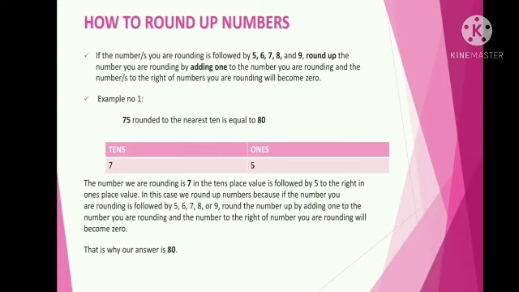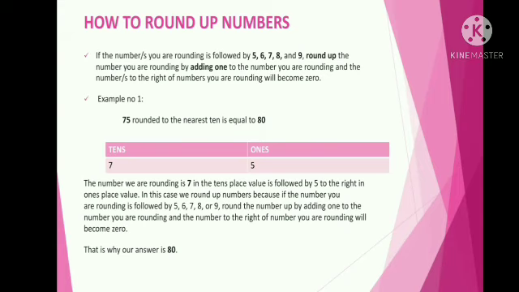It is followed by 5 to the right in the ones place value. In this case, we round up because if the number you are rounding is followed by 5, 6, 7, 8, or 9, round the number up by adding 1 to the number you are rounding.